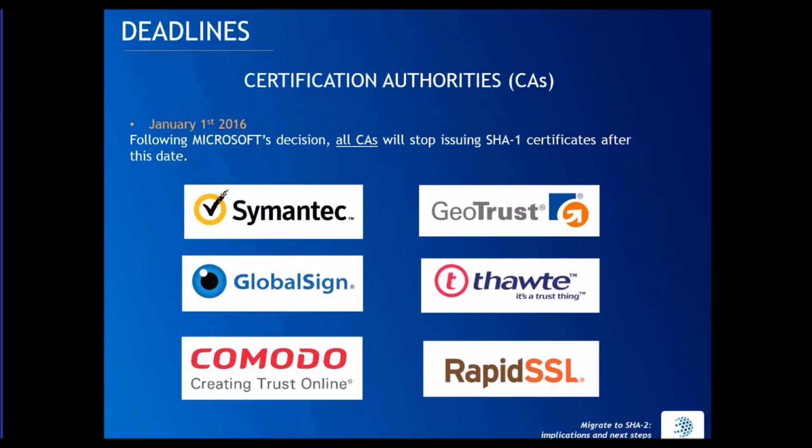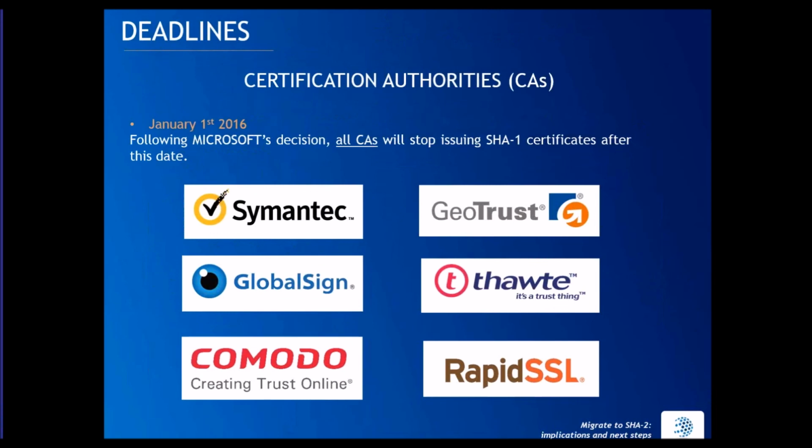Now, the second deadline is from the certificate authorities themselves. Whether you have a certificate from Symantec, GeoTrust, GlobalSign, Thawte, any of the certificate authorities, it doesn't matter, but following Microsoft's decision, all certificate authorities will stop issuing SHA-1 certificates after the 1st of January 2016.